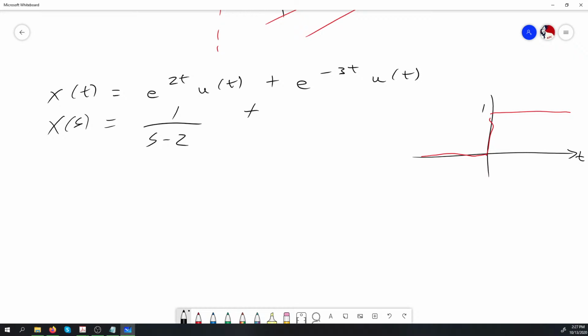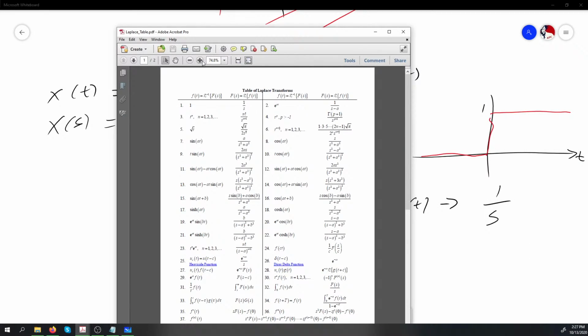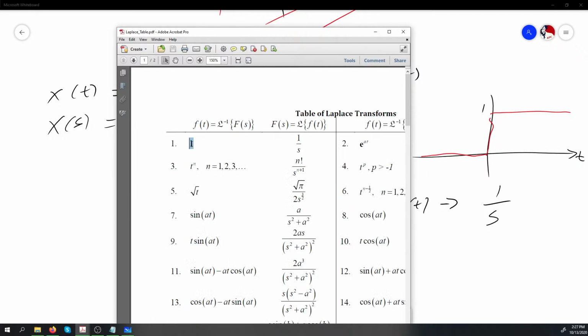And when we watch our unit step transform into the Laplace domain, it's basically 1 on s. But the reason why it's 1 on s is that for this section where the value is 1, and now I can actually use the Laplace transform table to explain this to you. If we watch our Laplace transform table here, for a constant value of 1, we have the Laplace transform being 1 divided by s.